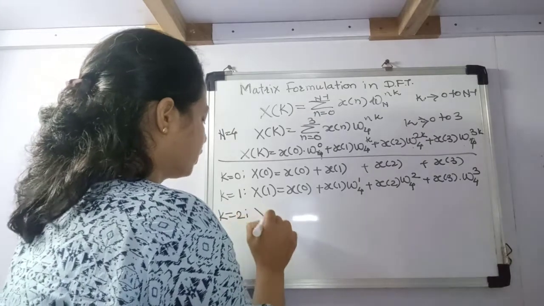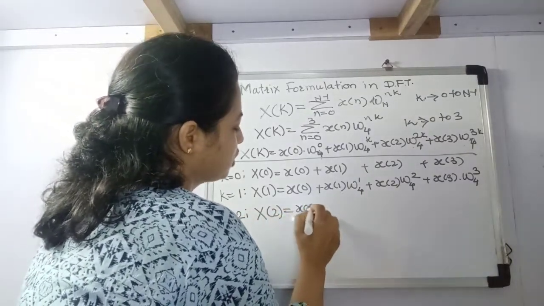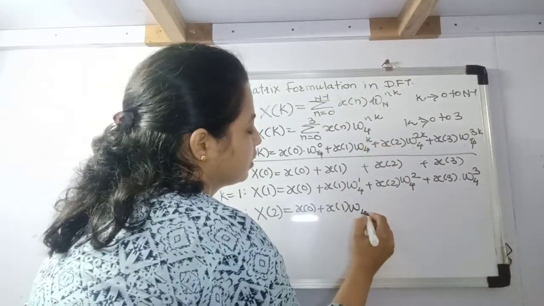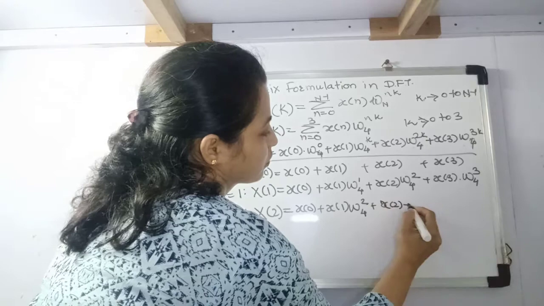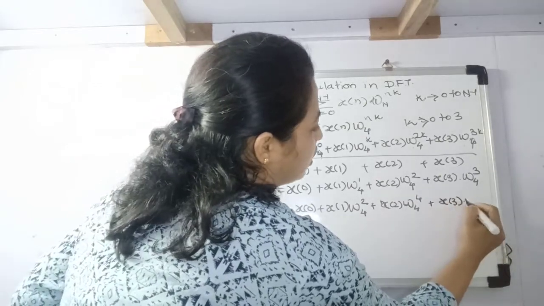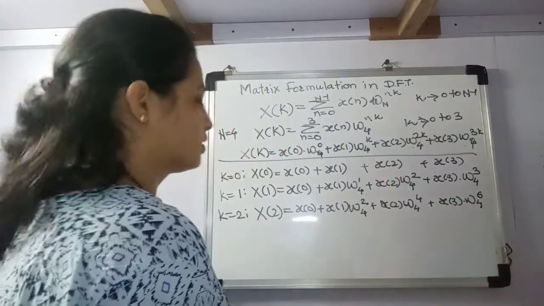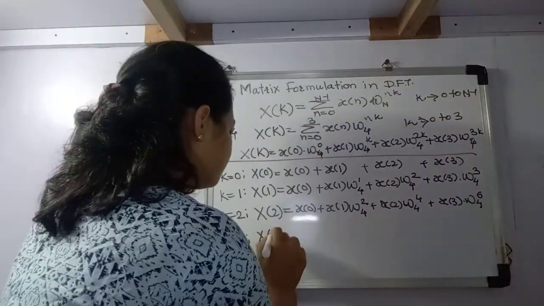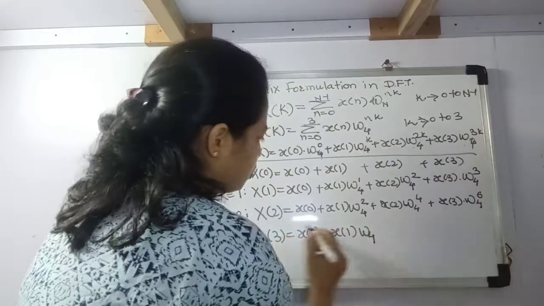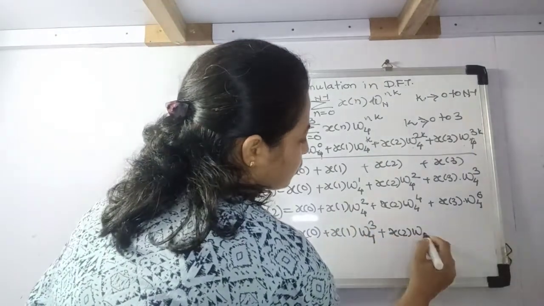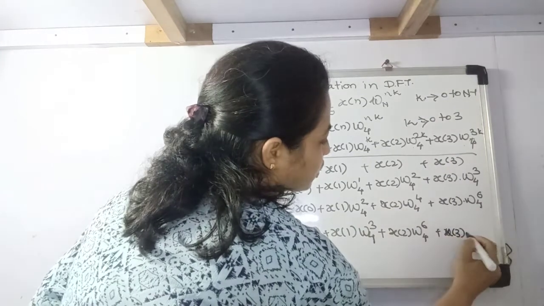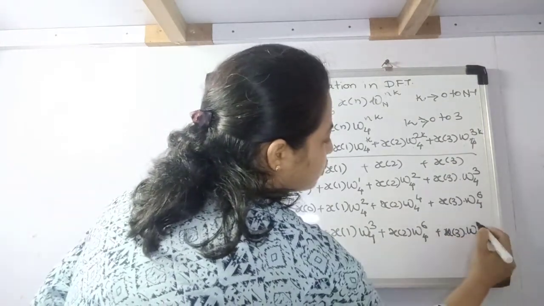Now k is equal to 2: X of 2 is x of 0 multiplied by 1, plus x of 1 times W_4 raised to 2, plus x of 2 times W_4 raised to 2 into 2, that is 4, plus x of 3 times W_4 raised to 3 into 2, that is 6. For k equal to 3, the last value: x of 0 plus x of 1 times W_4 raised to 3, plus x of 2 times W_4 raised to 2 into 3, that is 6, plus x of 3 times W_4 raised to 3 into 3, that is 9.